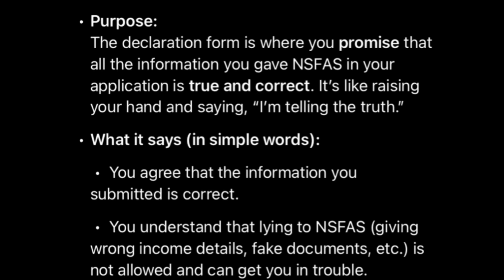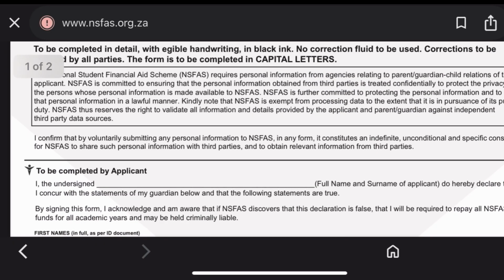A declaration form is a document where you promise that all the information that you gave to NSFAS is true and correct, and you are simply confirming that the information you submitted is correct. If there is any fake document or anything that is not true about you, you can get into trouble for giving wrong information.